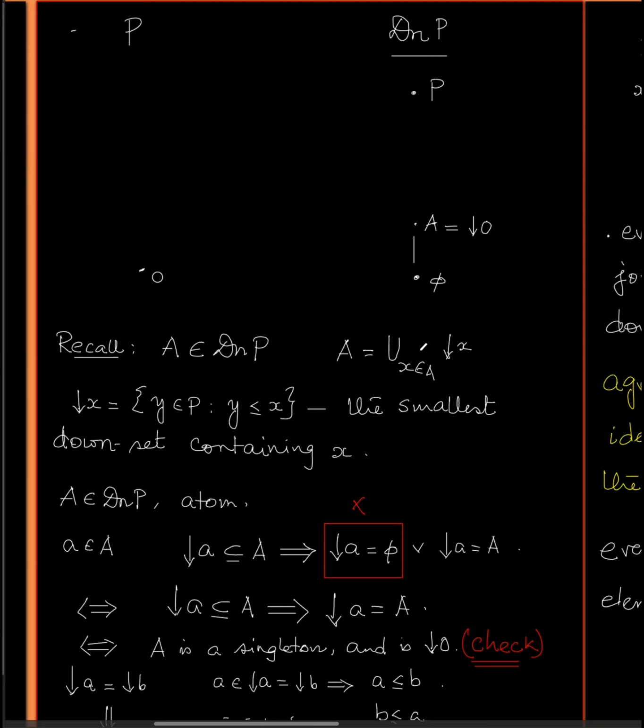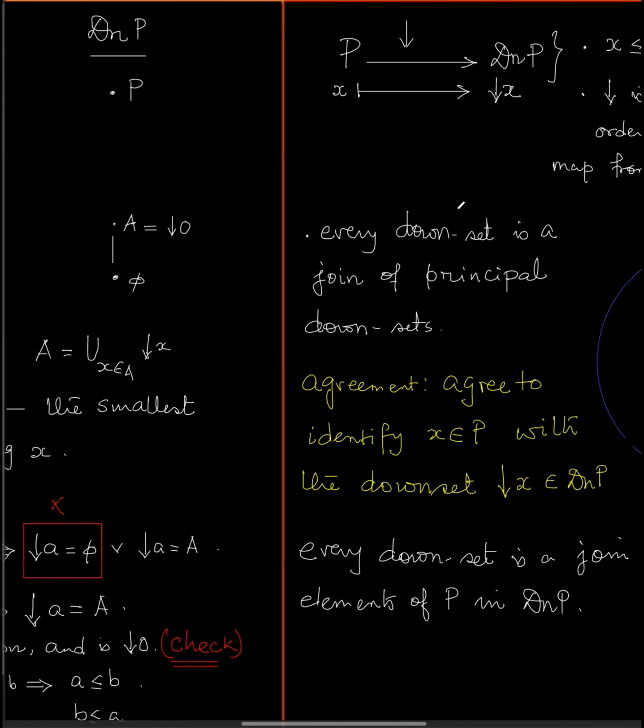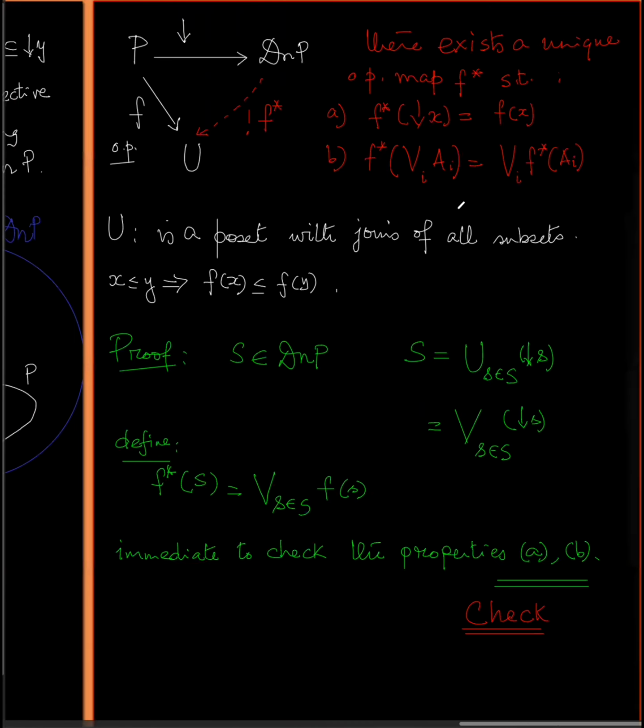Okay, and the existence of an atom in the downsets of P is very restrictive, and that is also completely characterized by this. So these are not atoms, right? So we could give them a name, possibly. Let's call them generators. So the principal downsets generate all the other downsets.